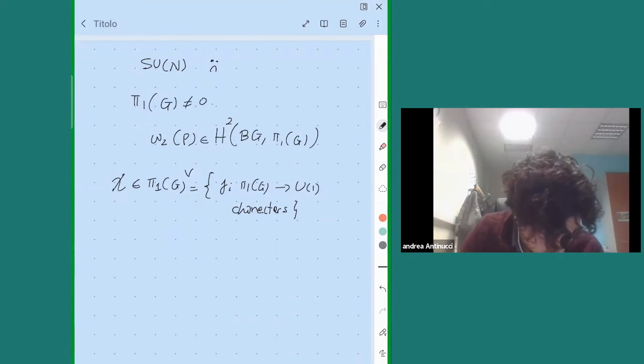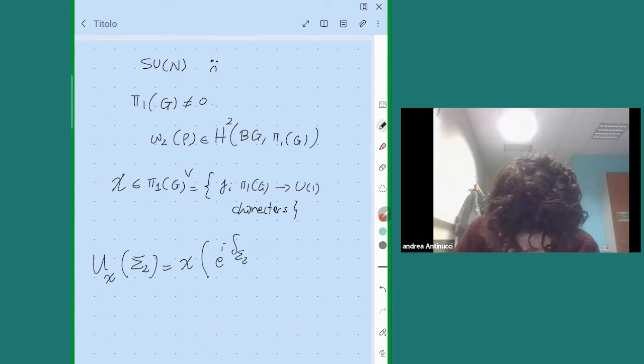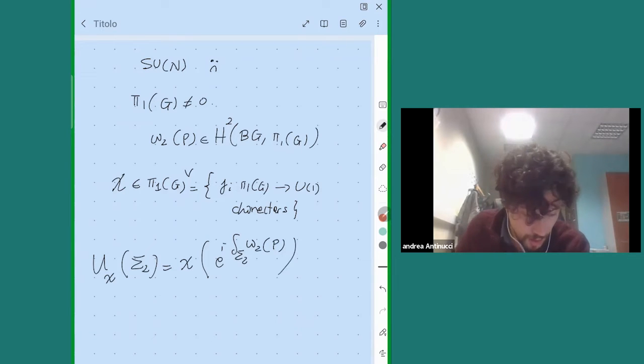And so what you do is to construct this symmetry operator, U of chi, labeled by this representation. You evaluate the exponential of the integral of this characteristic class in this representation.